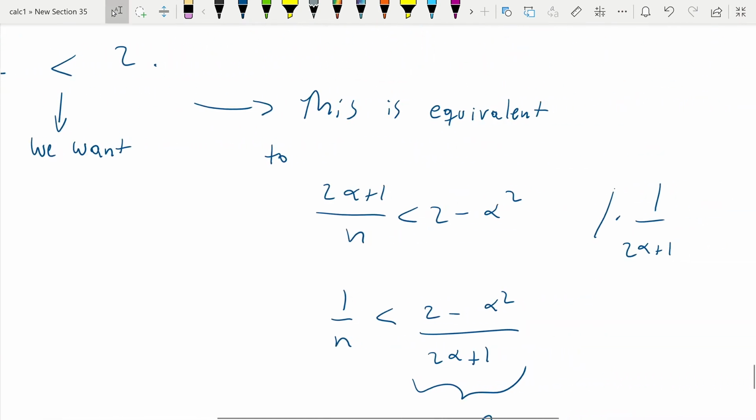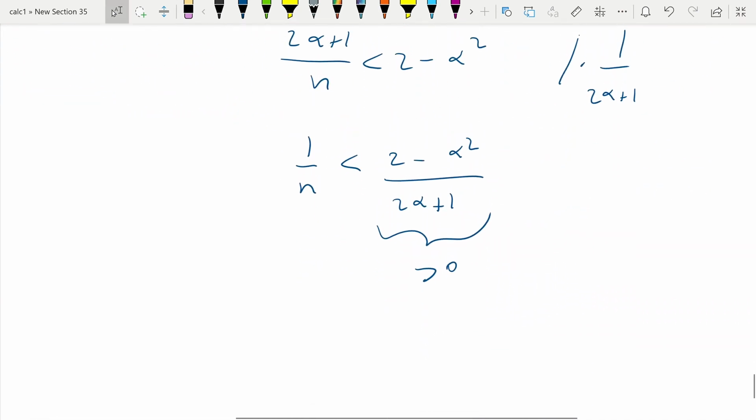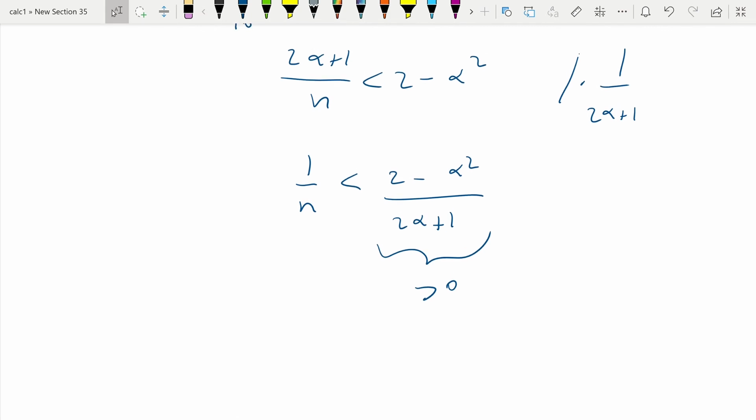So what is this positive number? It's (2 minus alpha squared) over (2 alpha plus 1). Why is that a positive number?